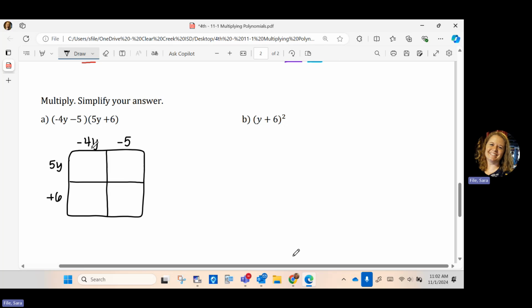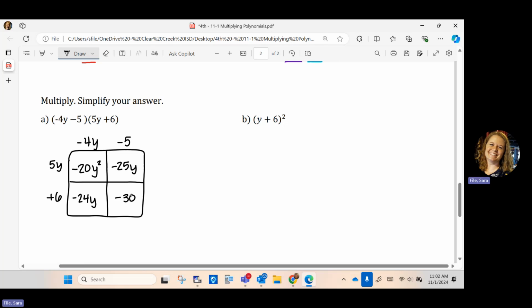So negative 4y times 5y. The negative 4 times 5 is negative 20, and the y times y is y squared. So negative 20y squared. And then negative 5 times 5y would be negative 25y. And then negative 4y times 6 would be negative 24y. And negative 5 times 6 is negative 30.